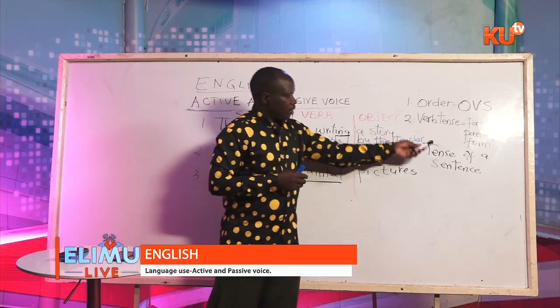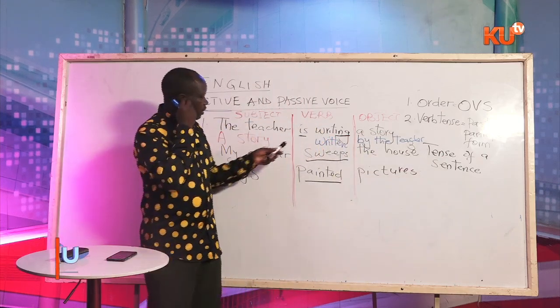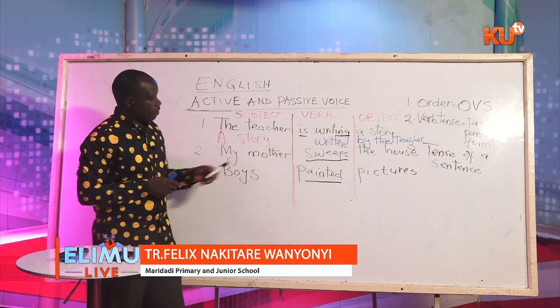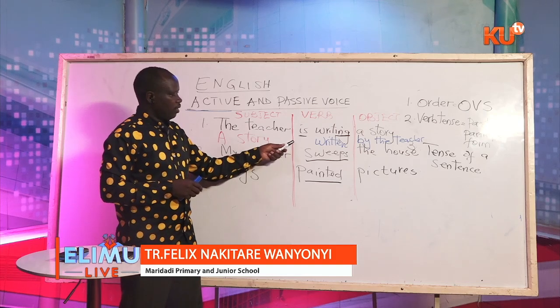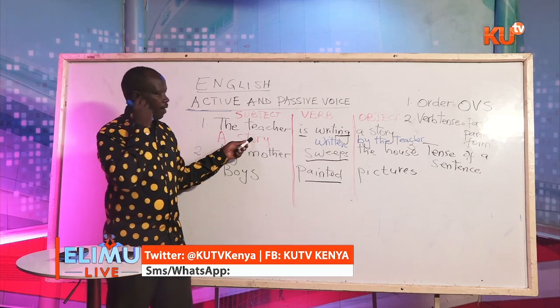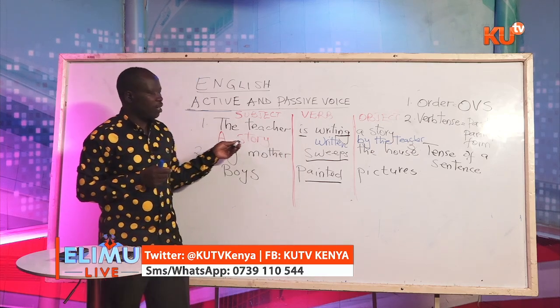Then rule number 3, we look at the tense of our sentence. In which tense? The tense is present continuous. And in present continuous, we use is if our object is singular. And we use are if our object here is plural.